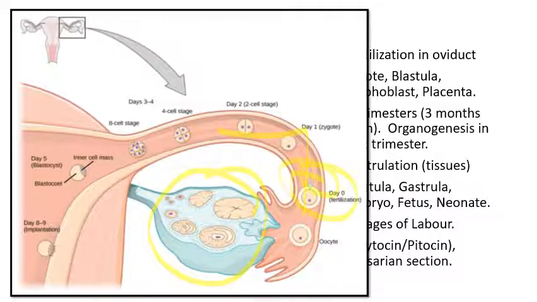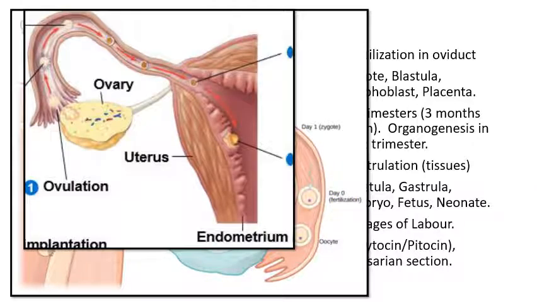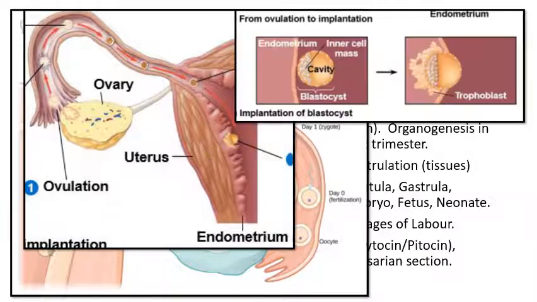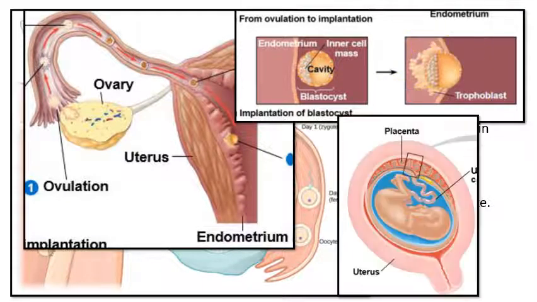Fertilization generally happens about there, just as the egg is leaving the ovary. Then it implants itself on the uterine wall and creates a trophoblast. The trophoblast will become the placenta, which allows nutrients and oxygen to be exchanged between mother and child.